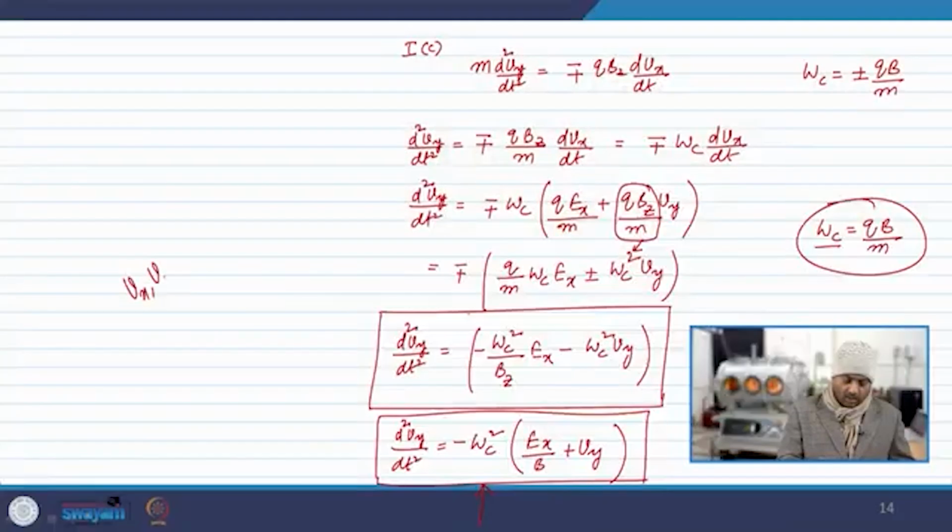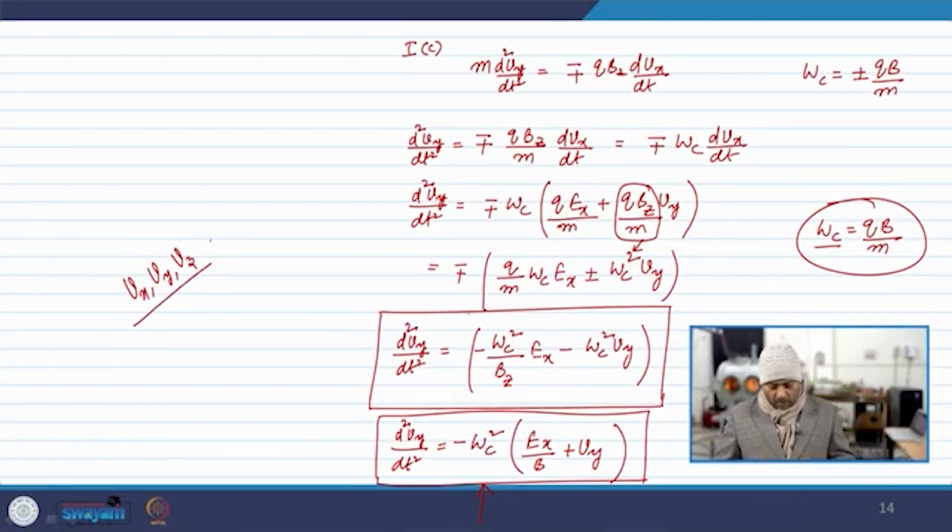So, we will stop it here today. In the next lecture, we will write this equation in a slightly modified form, and ultimately we have to seek solution. Until and unless we know what exactly is Vx, what exactly is Vy, what exactly is Vz, we will not be able to tell any inference about the particle's motion. So, that we will do it in the next lecture.